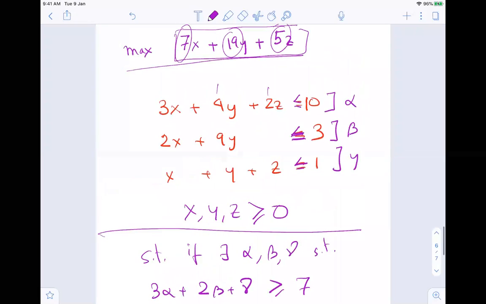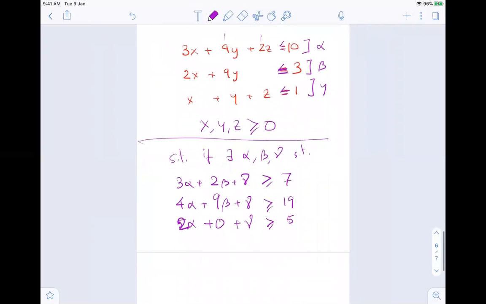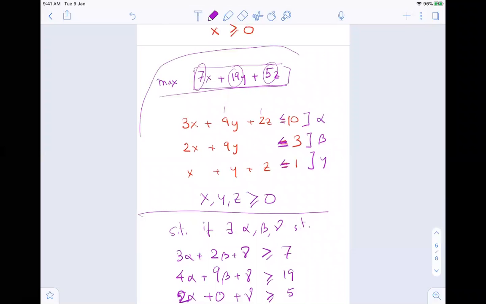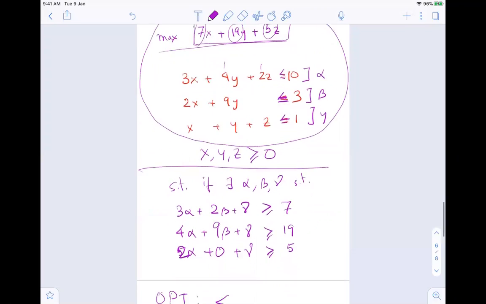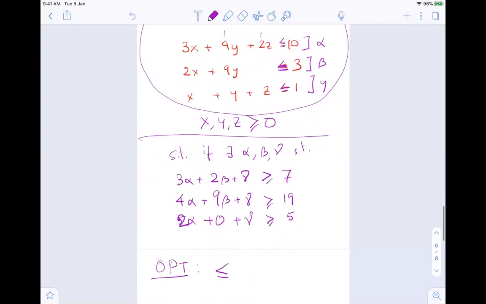If this happens, then I know that the optimum, the maximum of this LP, must be less than 10 alpha plus 3 beta plus gamma.